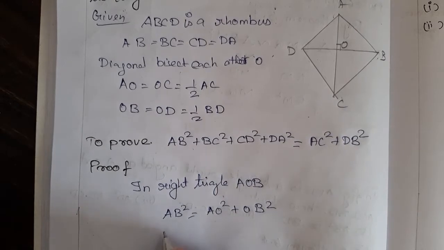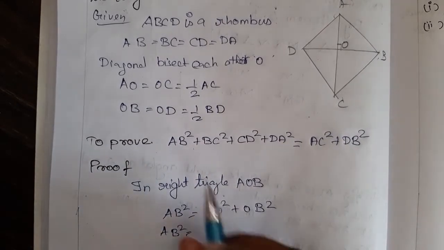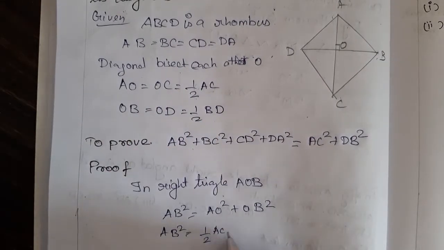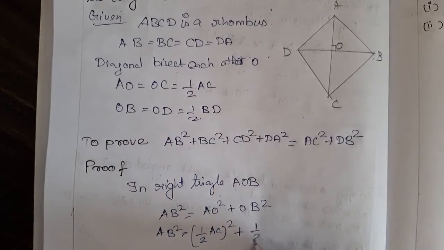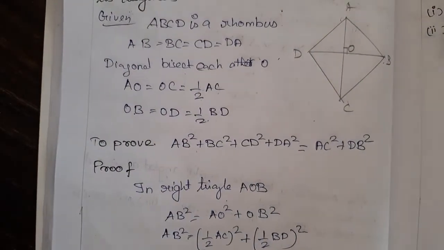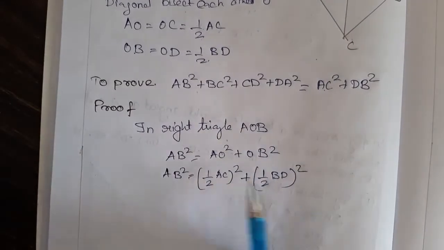So AB square will be the same, that's what we required. And AO can be written as 1 by 2 AC, so 1 by 2 AC the whole square plus OB, which is 1 by 2 BD, so half of BD the whole square, right? So now we can see that AC and BD we got on this side.